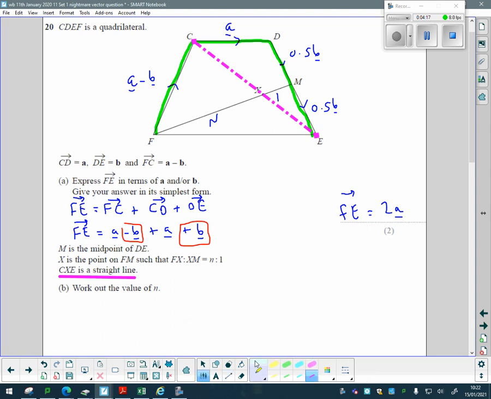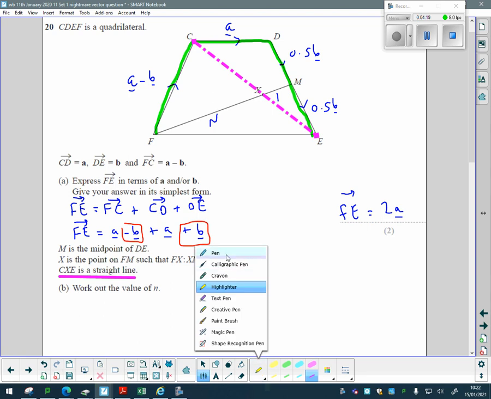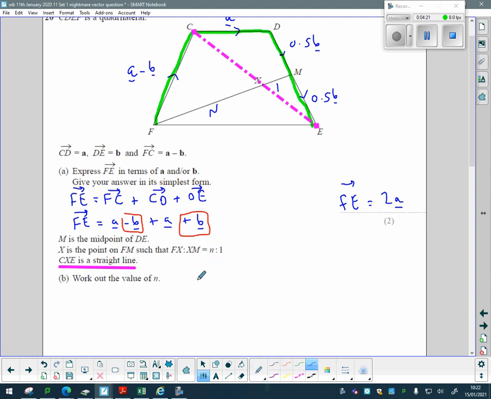So what does that mean for us? Well, it means some multiple of CX is a multiple of CE.